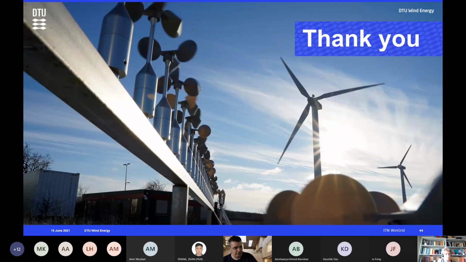Sometimes they react in an unfortunate way when they have grid faults. I think it happened in the UK a couple of years ago, where we had that partial blackout. So we will see more and more DC technology in the future.